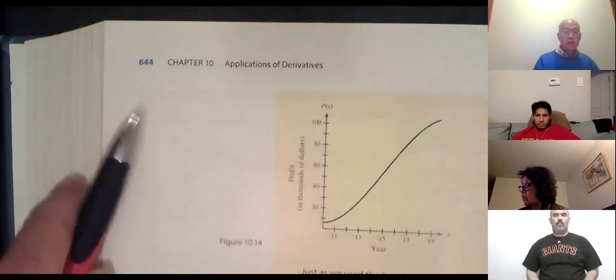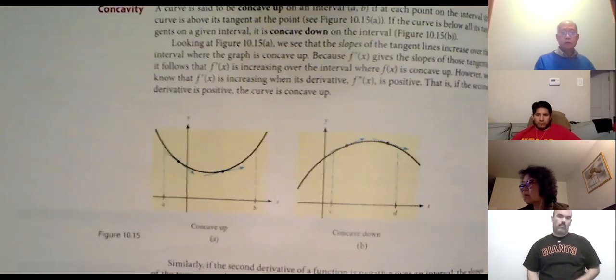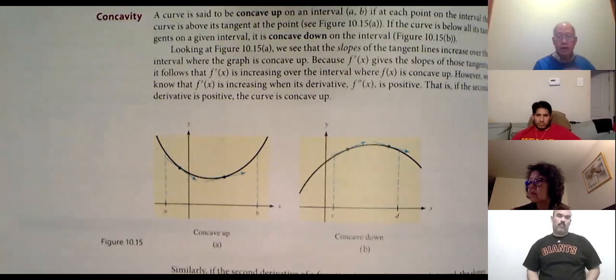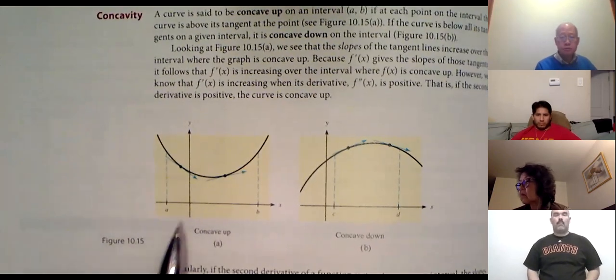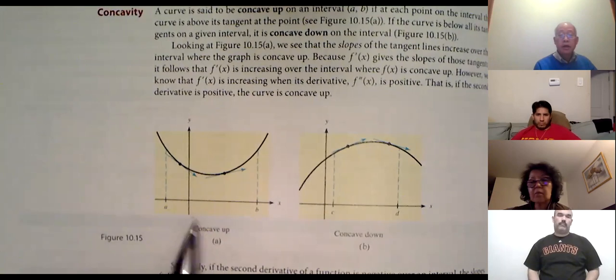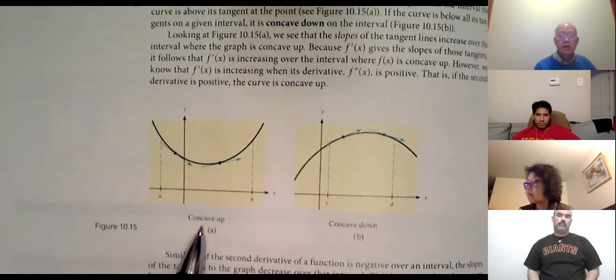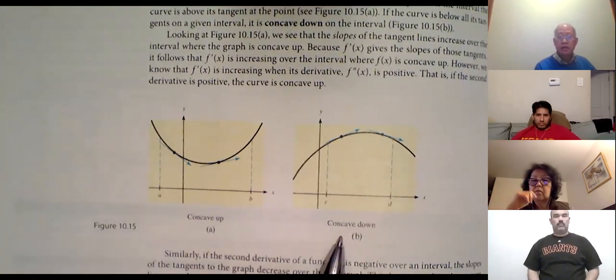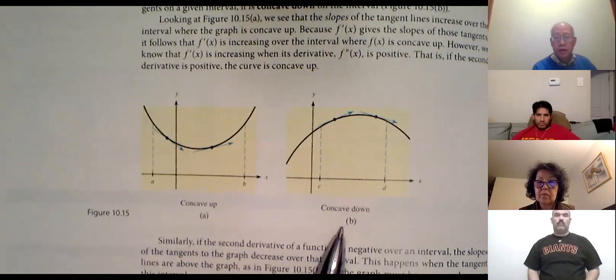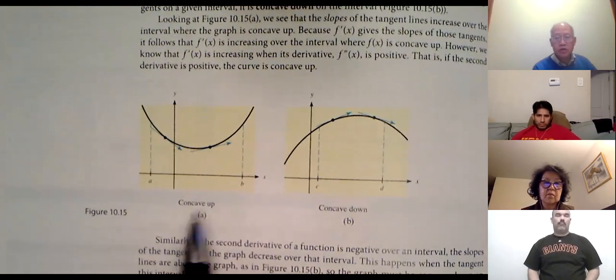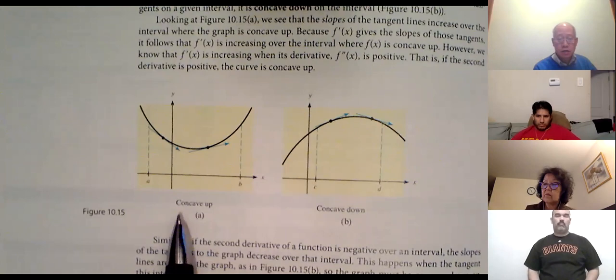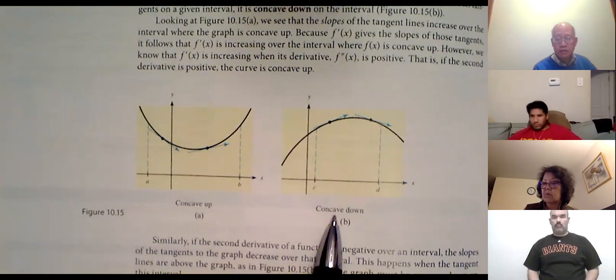On page 644, this is describing how the graph curves. We're going to define something called concave up and concave down. I will abbreviate with CU and CD. Concave up, CU; concave down, CD.